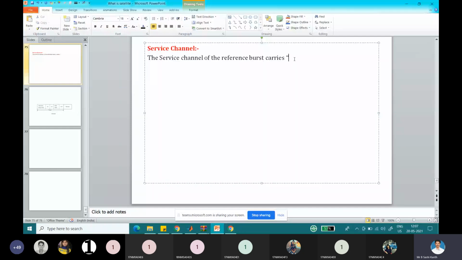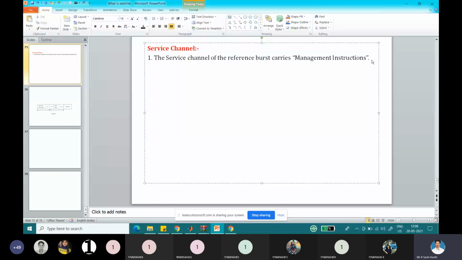Wow, there is a new meaning here. Now we are getting that, that is management instructions. What is management instructions then? So management instructions are nothing but, this makes you understand clearly. The service channel of the reference burst carries the management instructions.